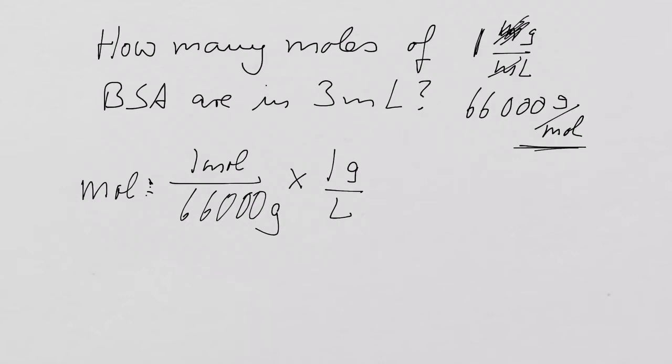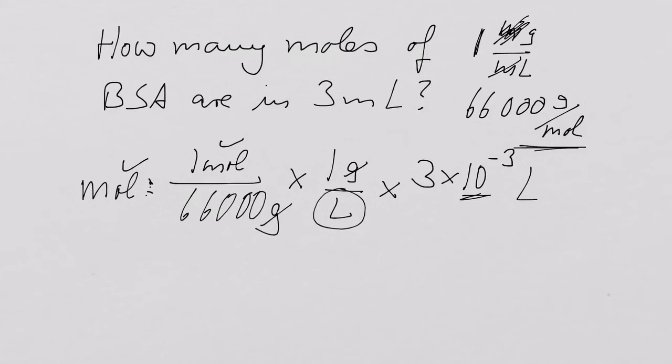Okay? So, mole is in the right place. My grams cancel out. What's in the way? It's the liters, these guys here. Do I have anywhere something with liters? I have 3 milliliter, so that I can write as 3 times 10 to the minus 3, that's the milliliter.